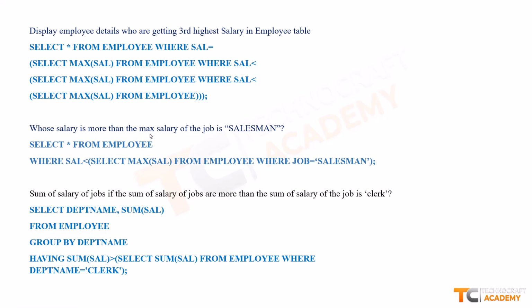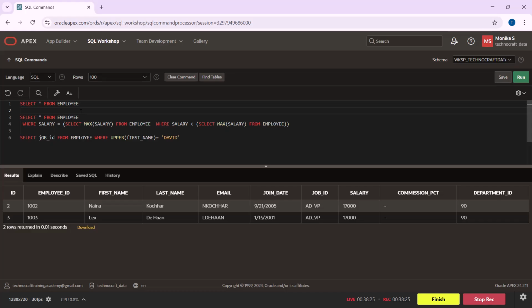Okay, so let's try out this example. So there we had an example of employee having the job ID as salesman, but here we can use a different job ID.